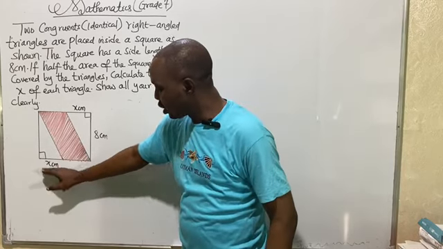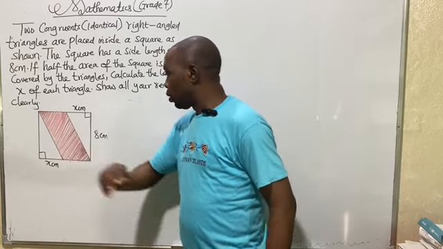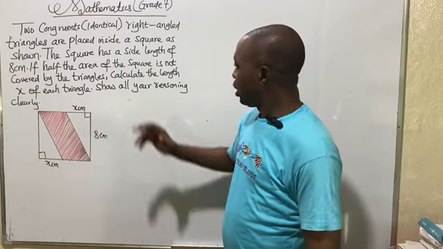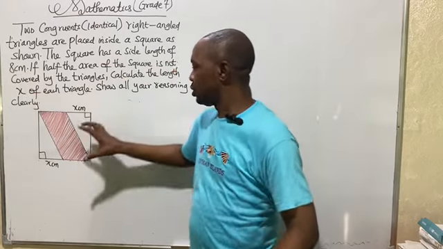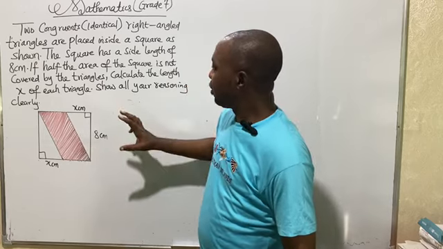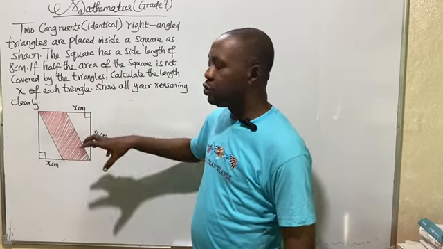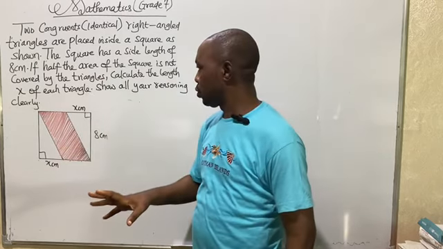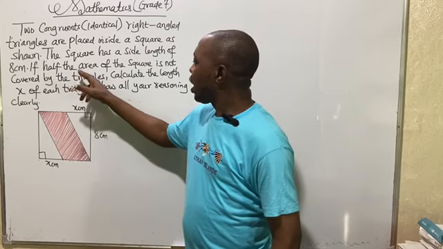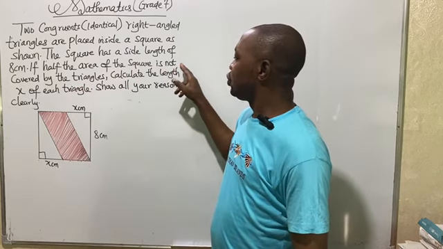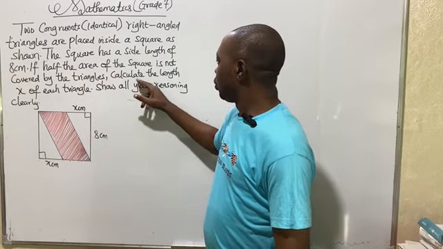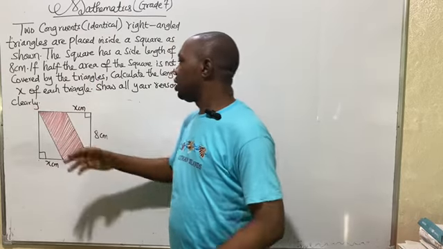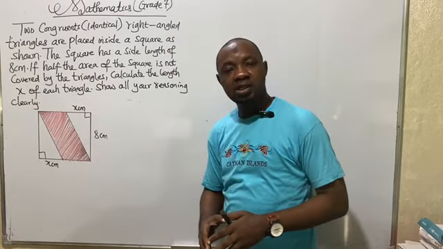The square has a side length of 8 centimeters. So this is a square, and inside the square are placed two congruent triangles. If half the area of the square is not covered by the triangles, we want to calculate the length x of each triangle. Show all your reasoning clearly.